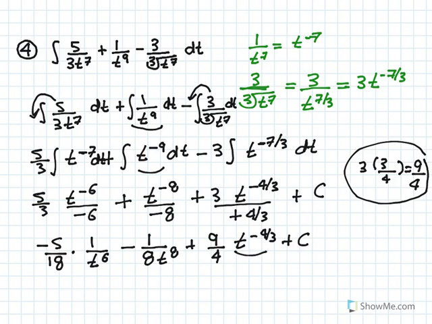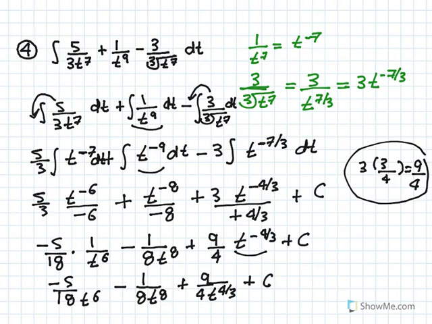I guess we can simplify this as well. And the final answer is negative 5 over 18t to the 6 minus 1 over 8t to the 8 plus 9 over 4 t to the 4/3 plus c. All right, thanks.